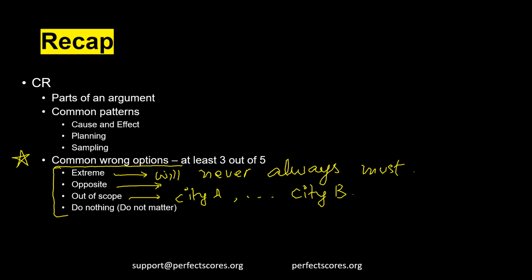You can't generalize it too much. And the fourth common wrong option that you will come across is an option that does nothing. It does not really matter whether that option is correct or not. Again, we'll be looking at examples of each of these common wrong options once we start doing the critical reasoning questions. I'll revisit all of this once again.